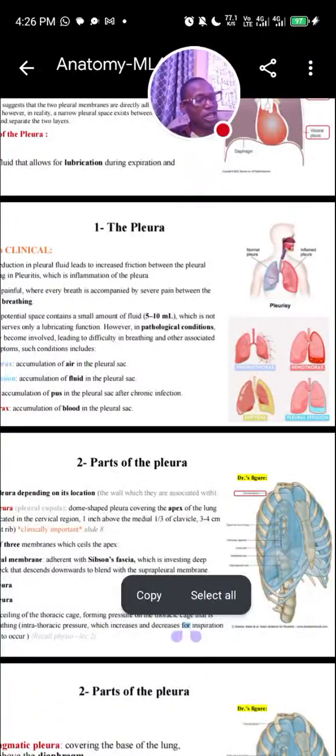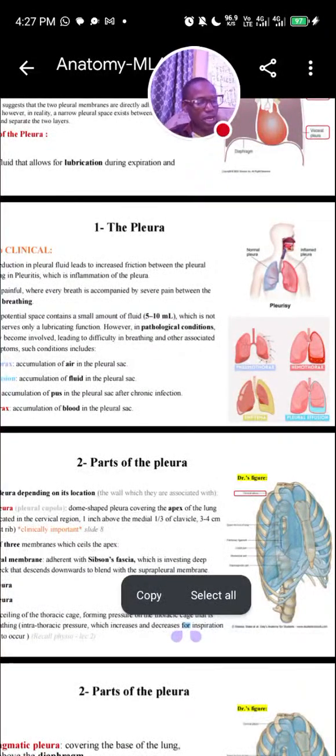Then for the pleura it is going to be the 8th rib, the 10th rib, the 12th rib. If you're talking about posterior, it is the 12th rib; mid-axillary, 10th rib; mid-clavicular, 8th rib. Good.